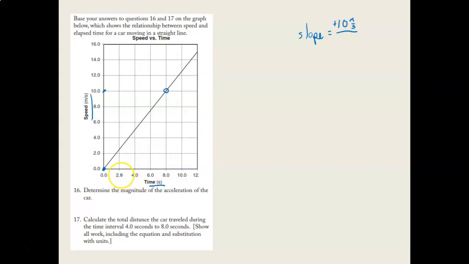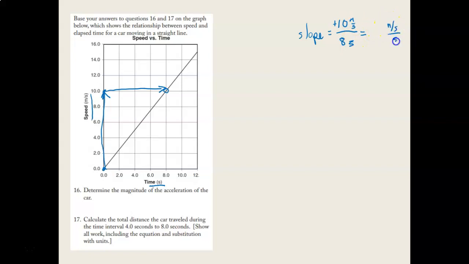That was our rise. Rise over run. What's our run? Our run is 0, 2, 4, 6, 8 seconds. Okay, we went from 0 seconds to 8 seconds. So our run is 8 seconds. And that would give us meters per second per second.